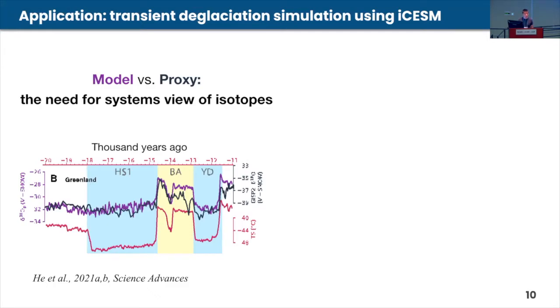In particular here, what we found was that when you add meltwater, that impacts the precipitation seasonality and sea ice fraction. Sea ice distribution, in the end, also impacts the delta 18O signature. As a result, you don't see a big change during Heinrich event 1.